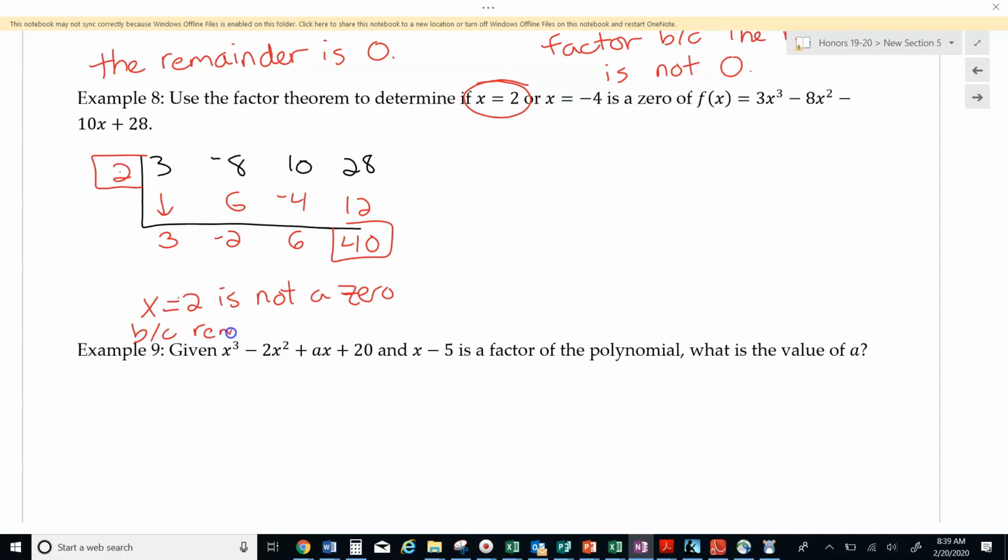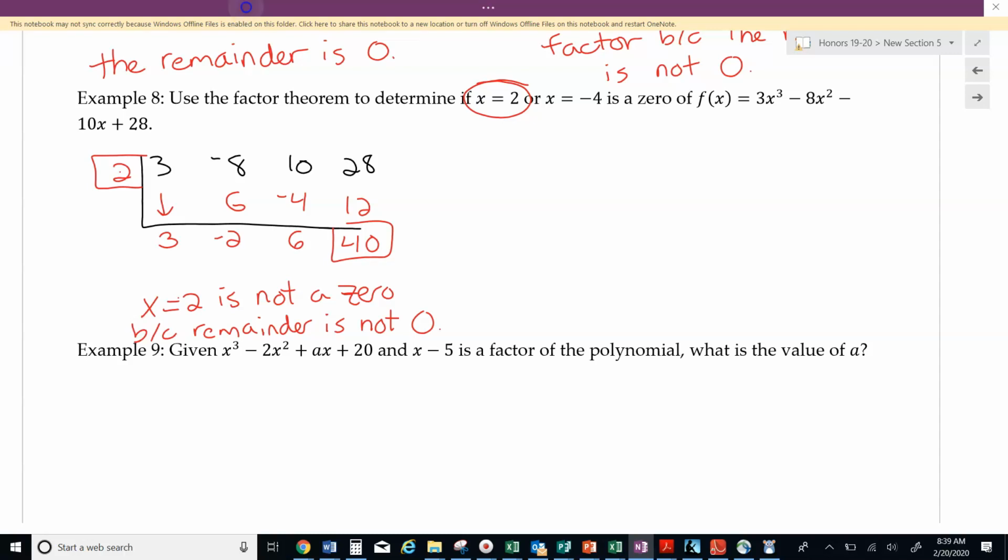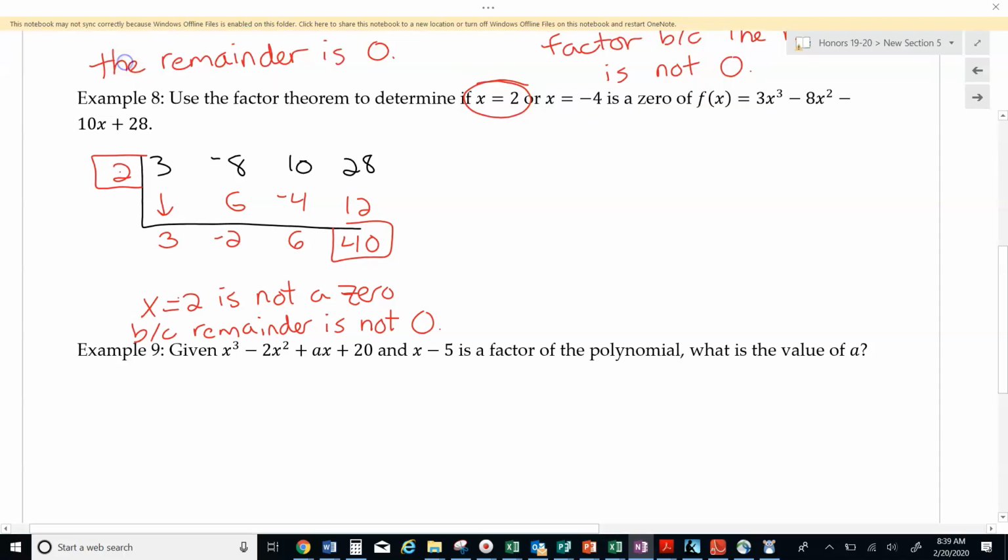Because remainder is not 0. Alright, so same idea, but right, I just showed it's not a 0, it's not an x-intercept, right? Again, same thing. It has to be 0 if it's going to be on there, right?